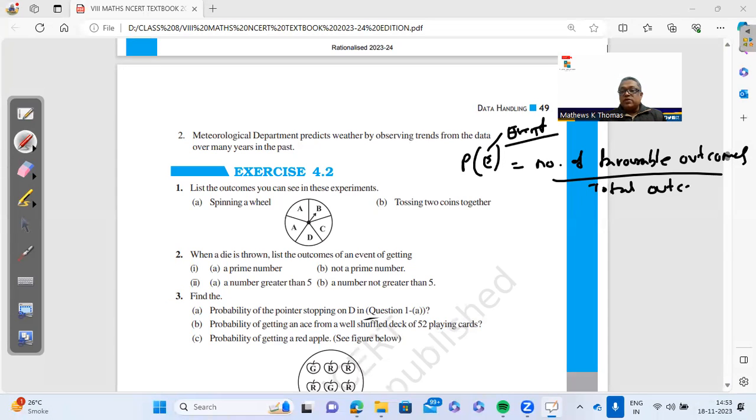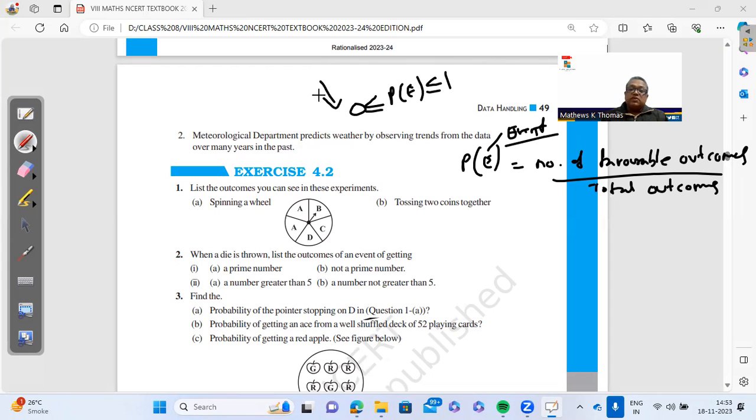What is favorable to you will come in the numerator, and total outcomes in the denominator. Always remember, probability will always be between 0 and 1. It cannot be less than 0, no negative numbers, and probability cannot be more than 1. It can be 0, it can be 1.